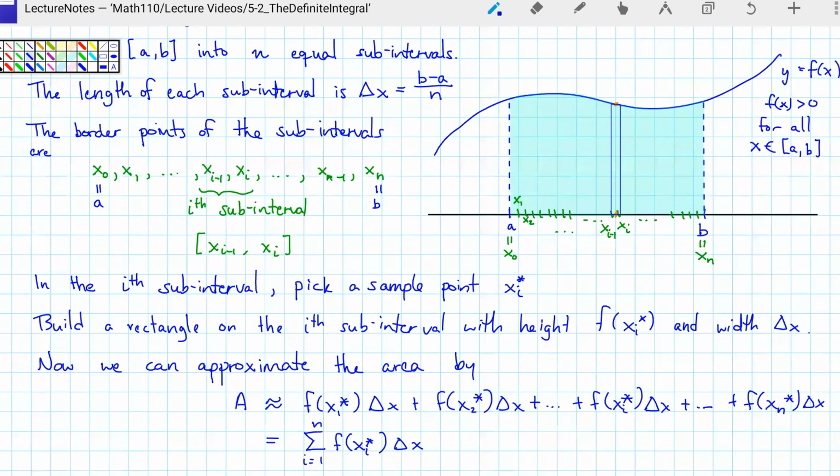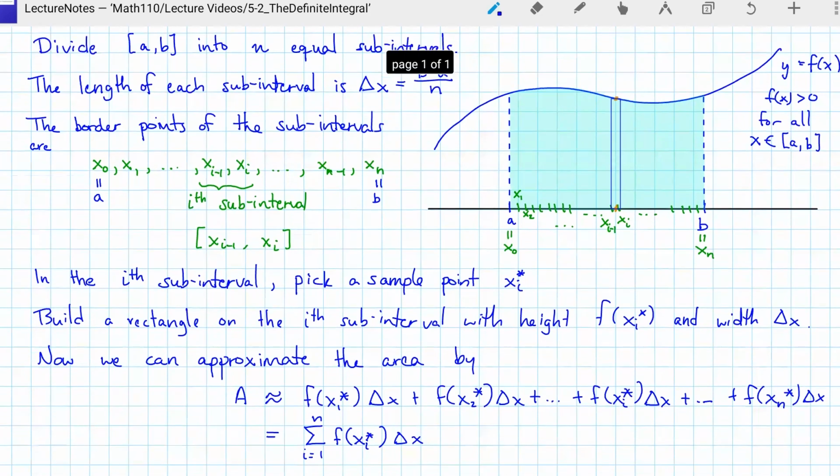Okay, this is an approximation, and of course larger values of n give us less error, so that gives us better approximations. Picking a larger value of n means starting over, building a new set of subintervals, choosing new sample points in each subinterval, and getting a whole new sum.